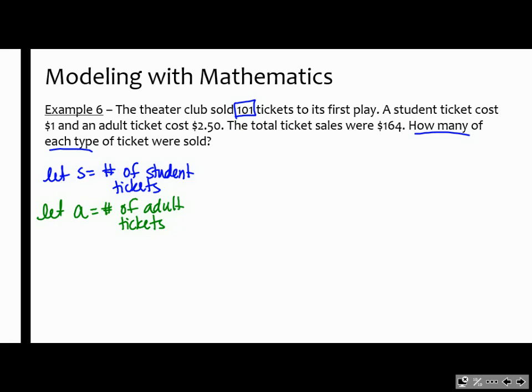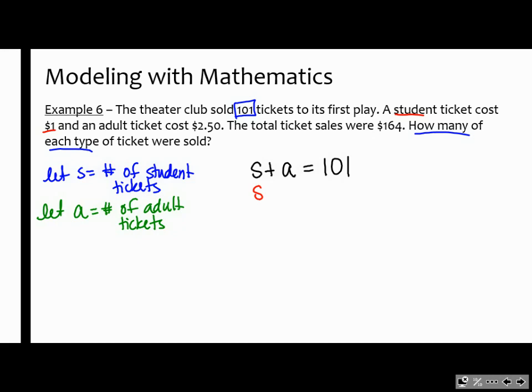So my first equation in the system will be student tickets plus adult tickets, the number of students plus the number of adults is 101 tickets altogether. The second equation in the system has to do with the money. We have $1 for a student ticket. So the coefficient of S would be 1S.